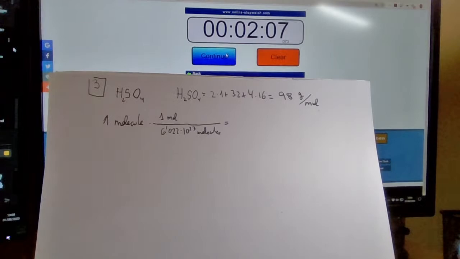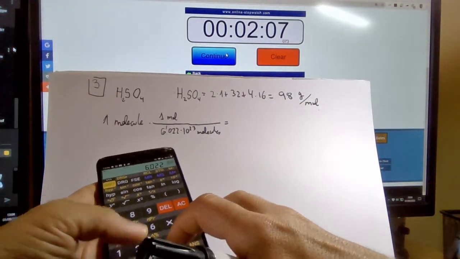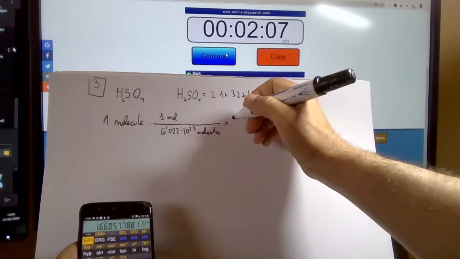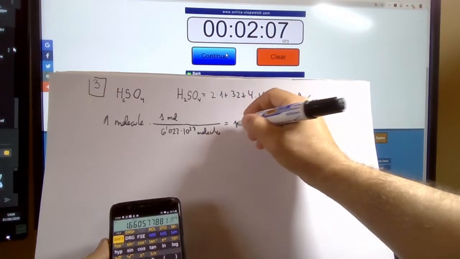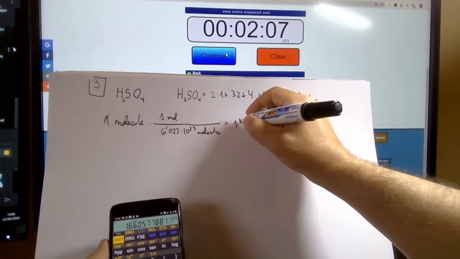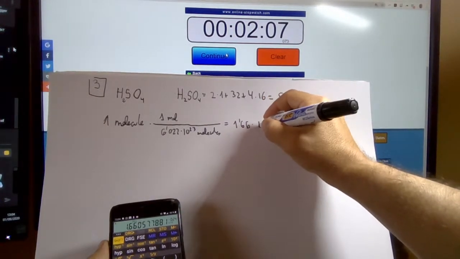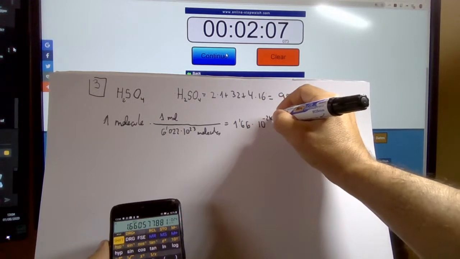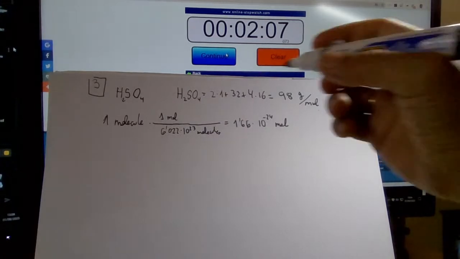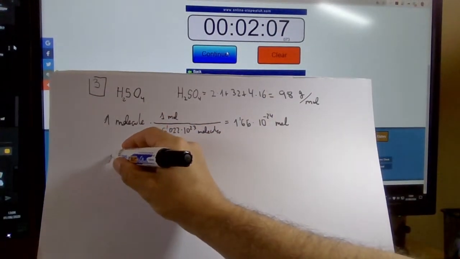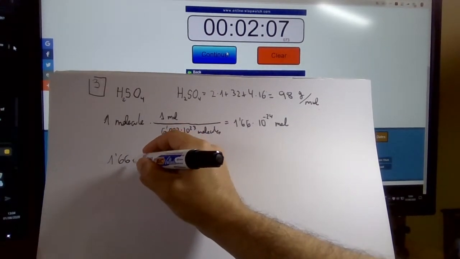So 1 divided by 6.022 times 10 to the 23. Ruben got it. Let's check it. 1.66 times 10 to the minus 24 mole. And now from mole to grams. Perfect, great job.